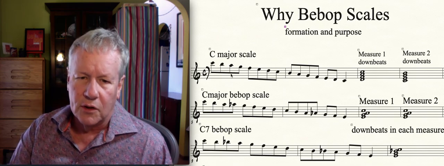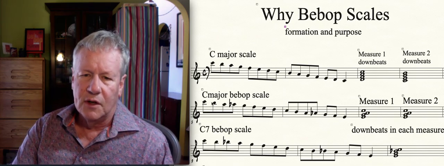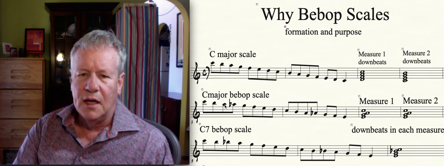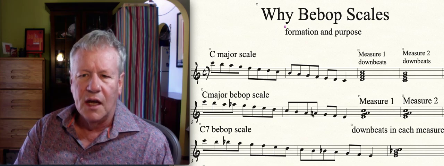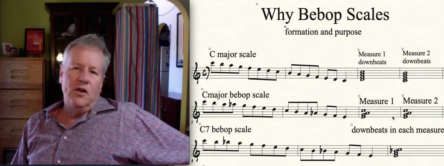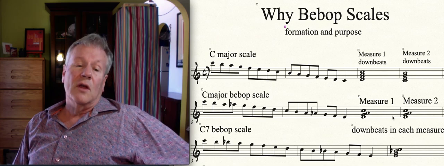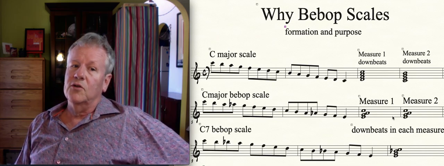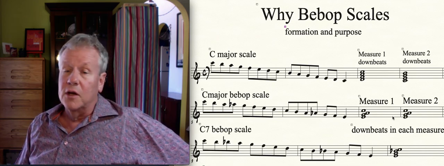So if we look at the notes that fall on the downbeats in this C major bebop scale, C, A, G, E, and then again C, A, G, and E. So both measure 1 and 2 spell the C major 6th chord. Now in major bebop scales, there are a lot of options, as we'll find, because we can spell major 6th chords or we can spell major 7th chords.